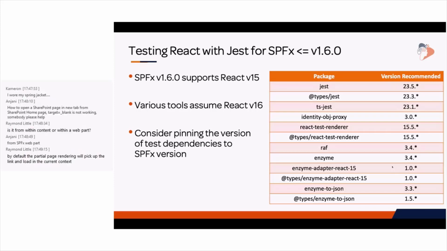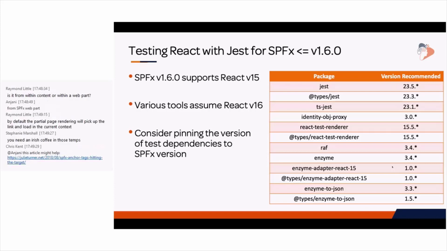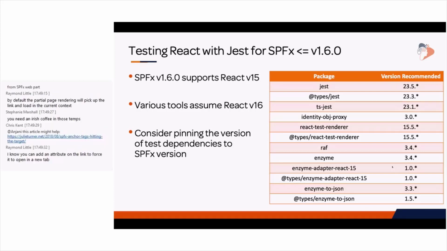There are two different versions of React that a lot of our SharePoint framework projects are using today. It wasn't until just recently that SharePoint framework version 1.7 came out that revs support for React 16. Prior to that, we were on React 15. Well, there's a bit of a challenge here because when you look at the tools that we use for React 16, some of those tools are expecting us to use the latest version of TypeScript, which we're not doing today in the SharePoint framework.